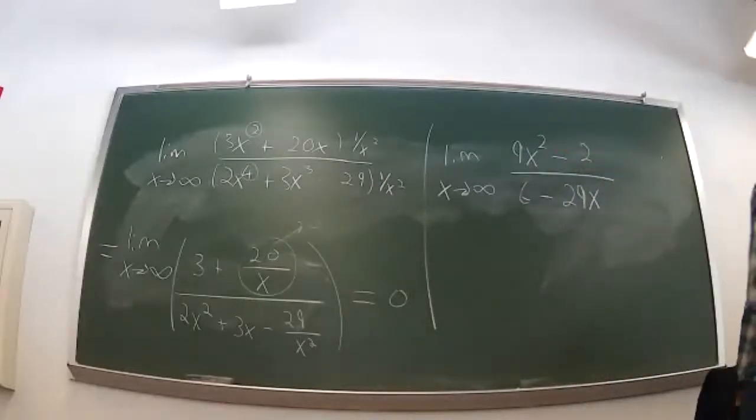See if you can evaluate what that horizontal asymptote is going to be, if any. What's that limit going to look like? Will it be finite? Will it be infinite? And let me know any questions.